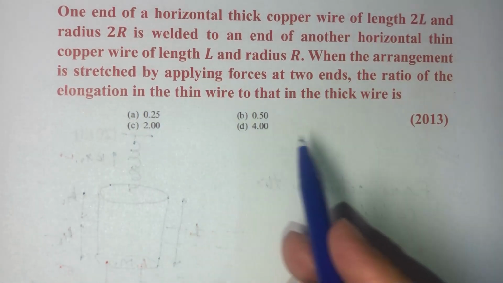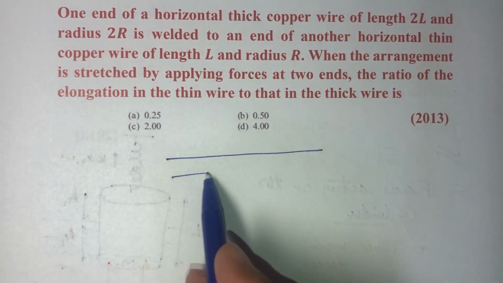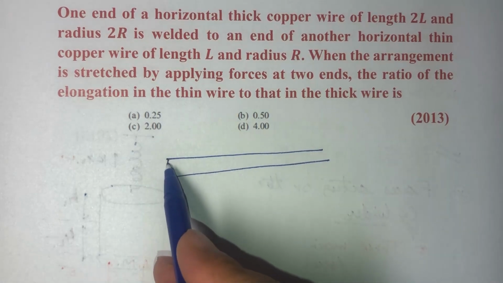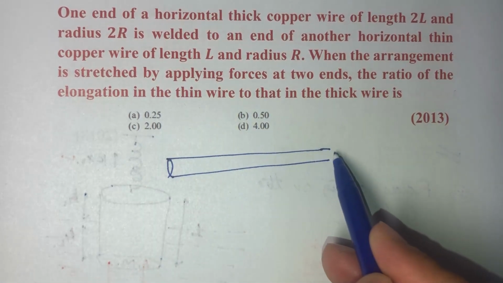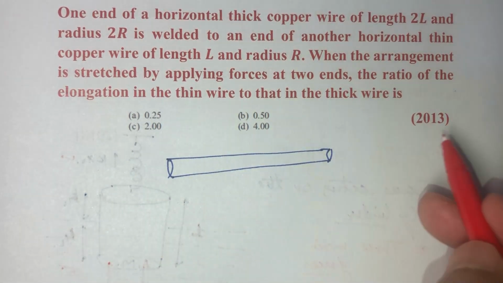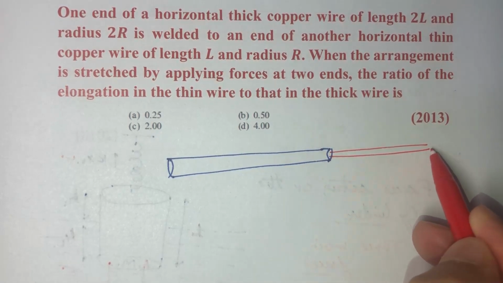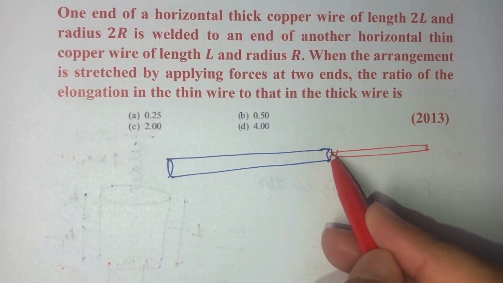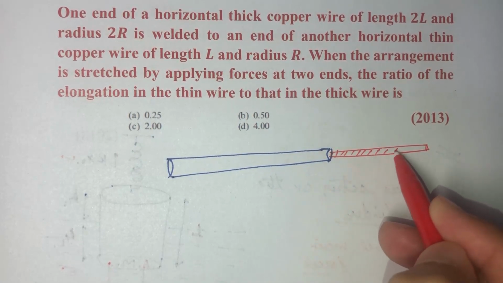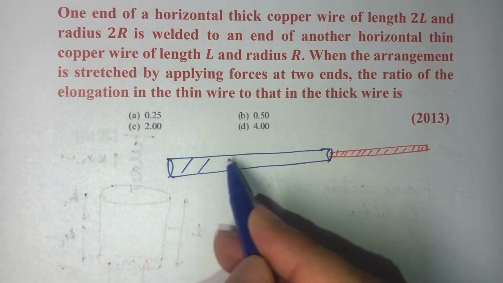So we have a thick copper wire. Let us draw a thick copper wire, something like this, and it is welded to a thin copper wire. So this is a thin copper wire, and this is our thick copper wire.